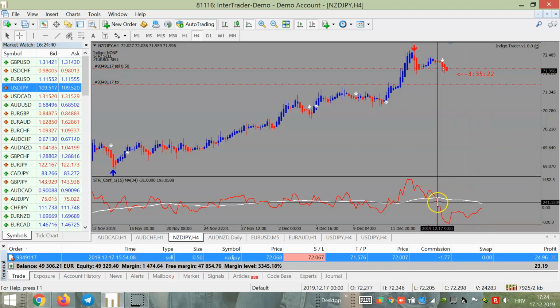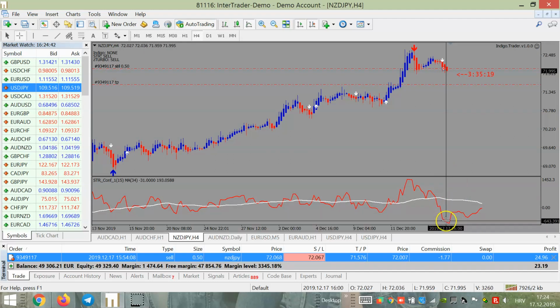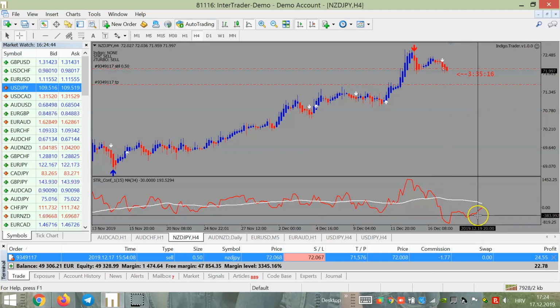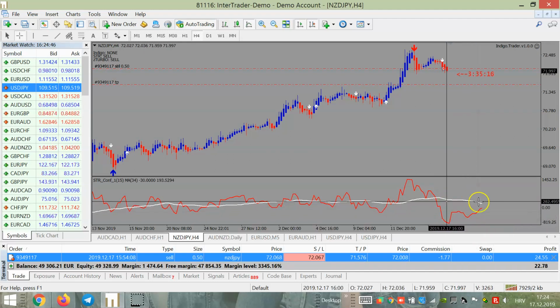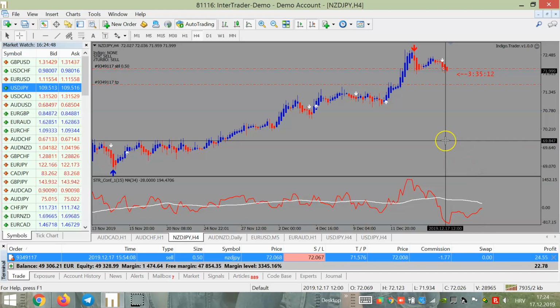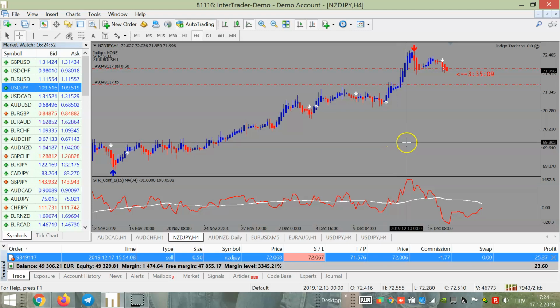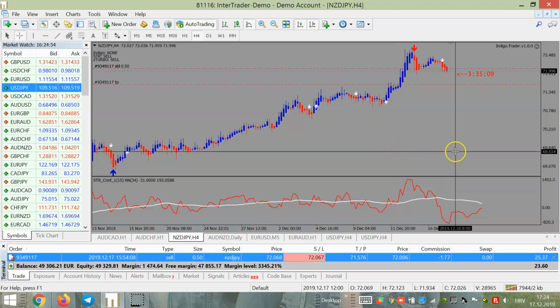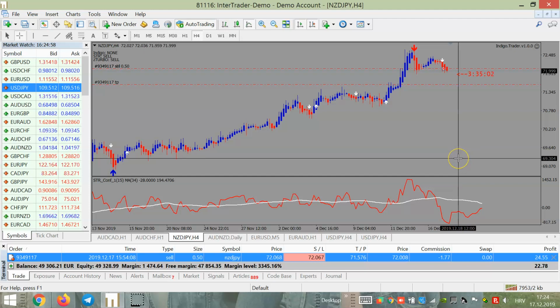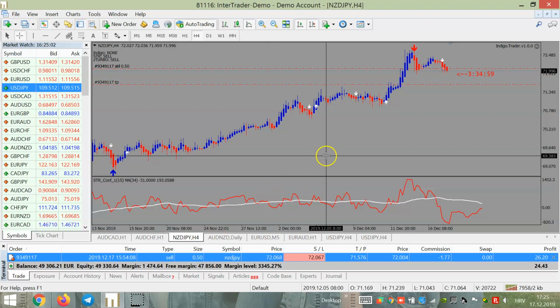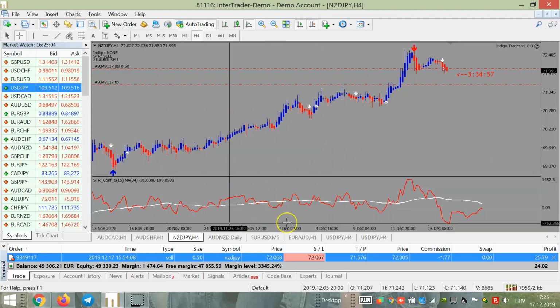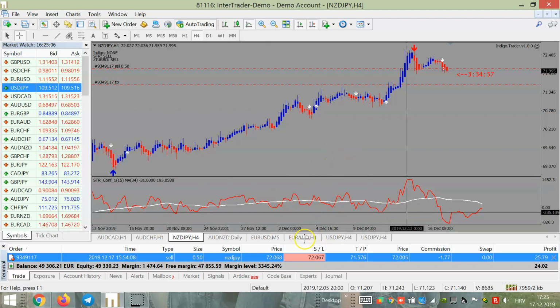This future price predictor must show 15 candles in the future that it's going down under the white line. So now all of your job, the Indigo Trader will do itself, so you do not have to worry about watching your charts non-stop. It will do everything for you.